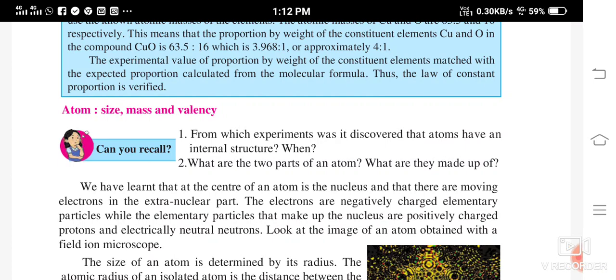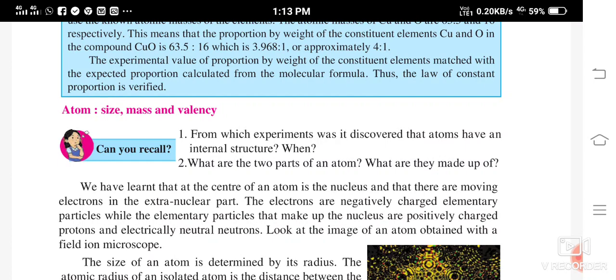You know, there are two parts of an atom. The inside part, that is the central part, contains the nucleus and protons, and the outer part contains the electrons which are held in their orbit. So they revolve around the nucleus in their fixed orbit.